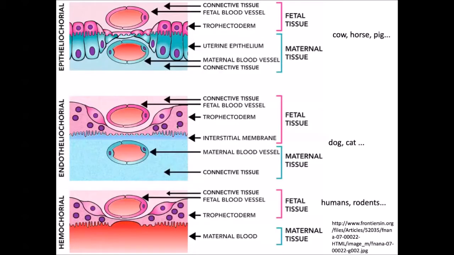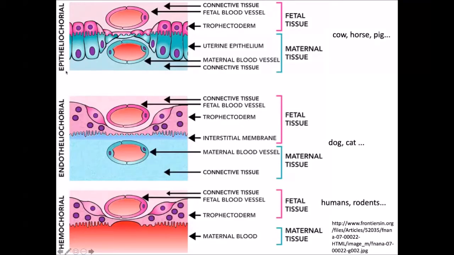Before I do that, I have to introduce a little bit of terminology that maybe not all of you are familiar with. It is a classification of placenta types that goes back to the Viennese anatomist Grosser, who first classified different placentas from different species by the number of tissue layers that separates the fetal blood from the maternal blood.